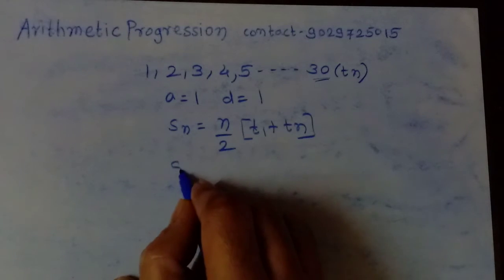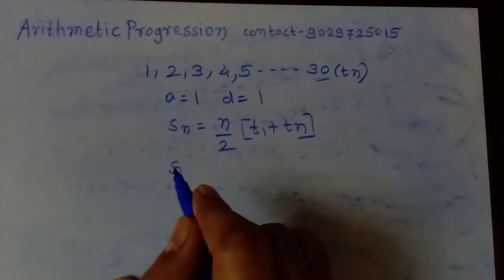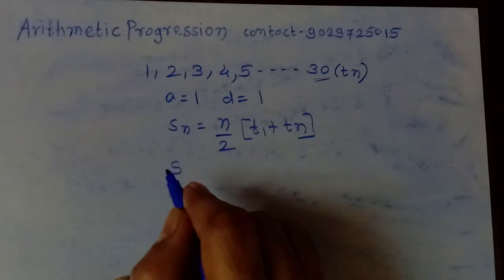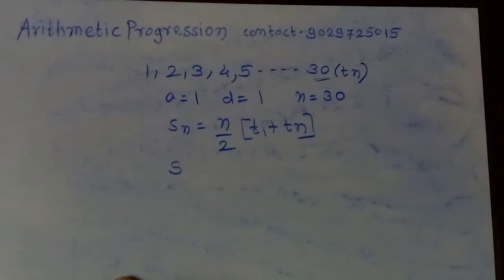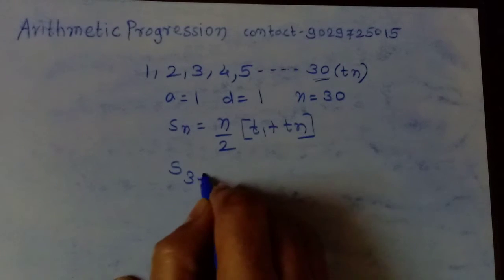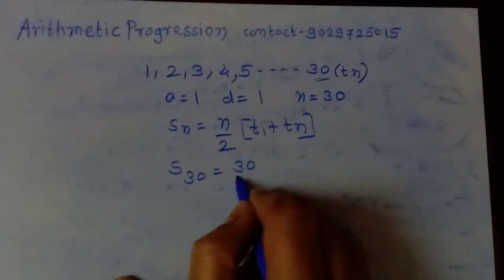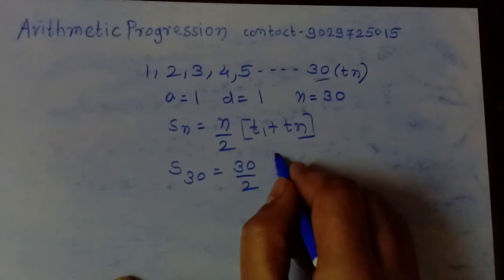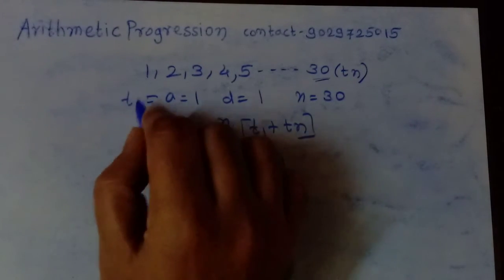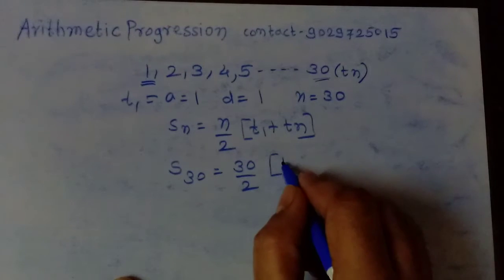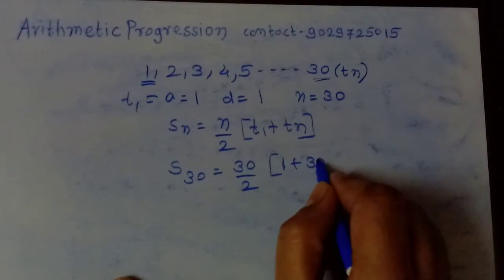And therefore Sn, how many terms are asked? n is equal to 30, the first 30 numbers. So S30 = 30/2 times (T1 plus Tn). T1 is 1, this a means T1, the first term, 1 plus Tn is 30.